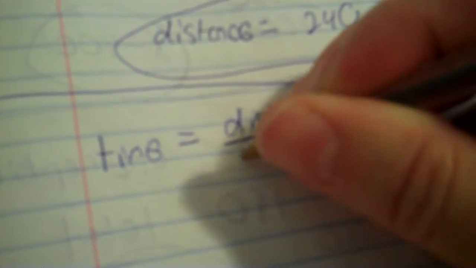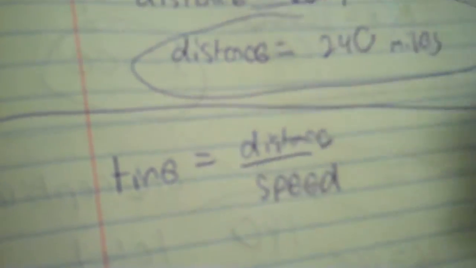Okay, a car travels a distance of 600 miles at an average speed of 60 miles per hour. Find the time it traveled. Now, time is distance divided by speed. So the distance is 600 miles. Speed is 60. 600 divided by 60 is 10.